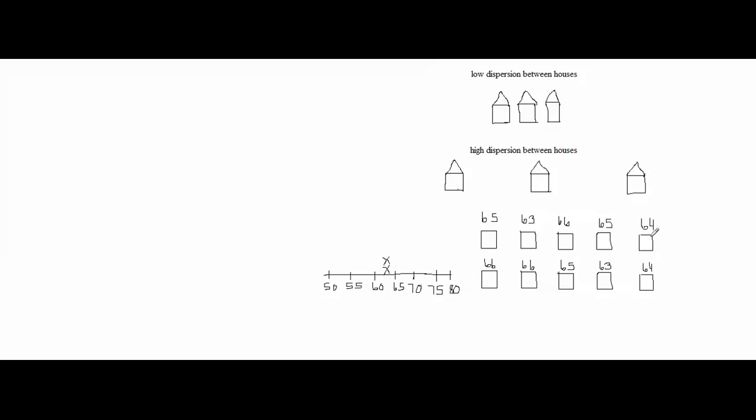We have 1, 2, 64s. Maybe, I guess 64 would be about here. There's 2 more X's. And then, how many 65s? 1, 2, 3. Those would all be right here.